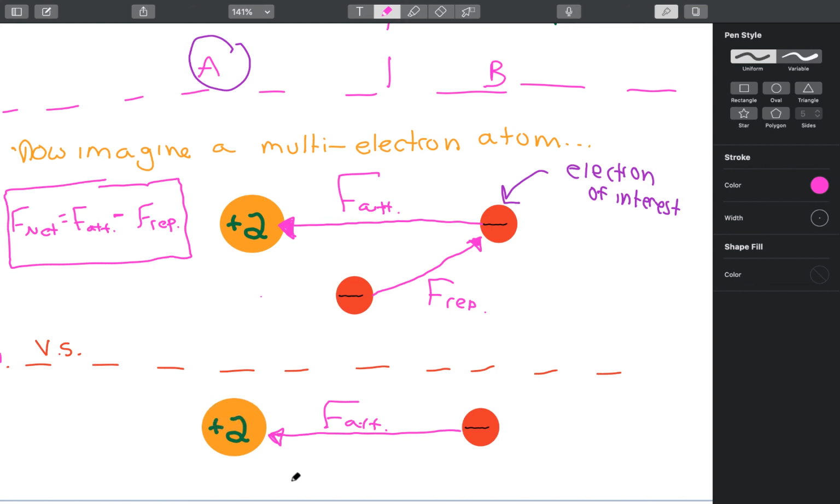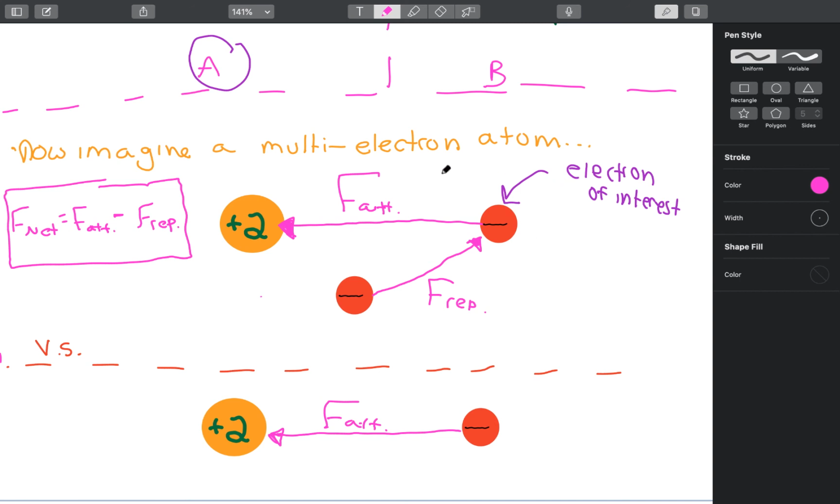And that's because the single electron scenario doesn't have repulsive forces pushing this outer electron away from the nucleus. However, in our multi-electron atom, the electron is pushing our electron of interest away from the nucleus. Therefore, our overall force of attraction is decreased on our electron of interest.